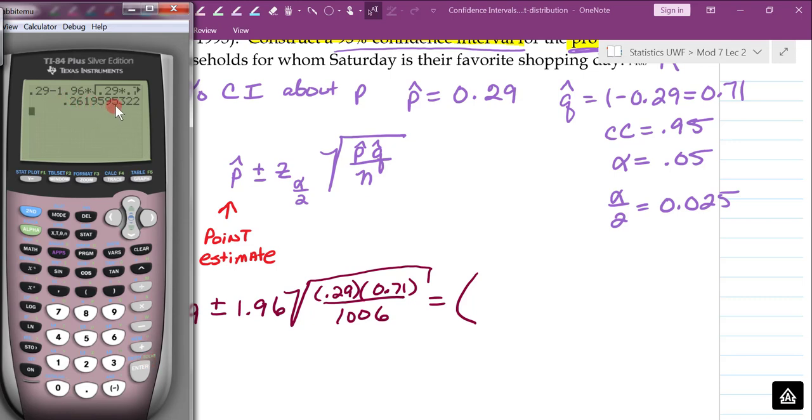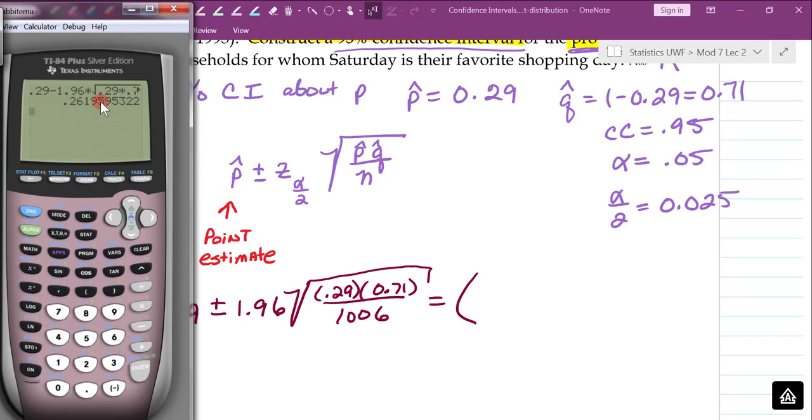0.2619595. Now again, I said I want to go to 6 decimal places, so that's 1, 2, 3, 4, 5, 6. Notice that the 6th decimal place right there is a 9, and that right after that is a 5. That means that 5 rounds that 9 to a 10. And when that happens, that 9 turns to a 0, and this 5 right here goes to a 6. Okay?